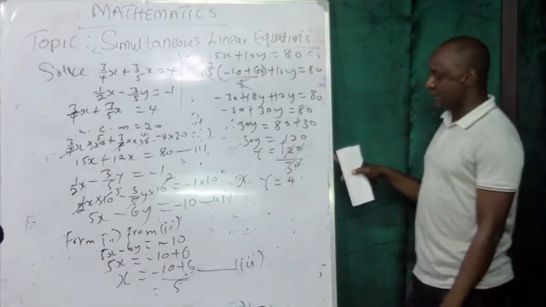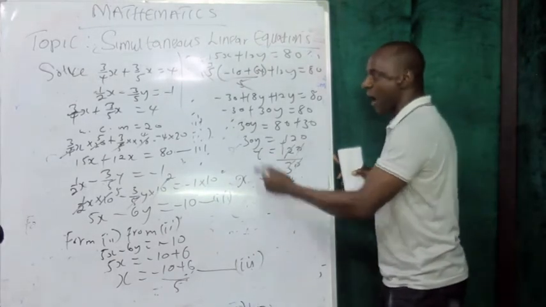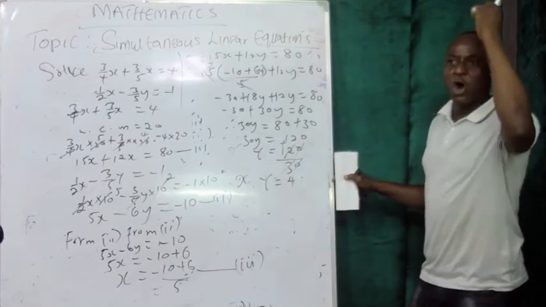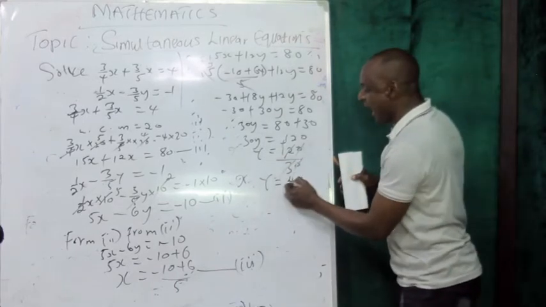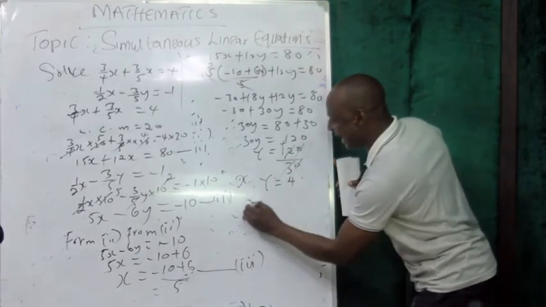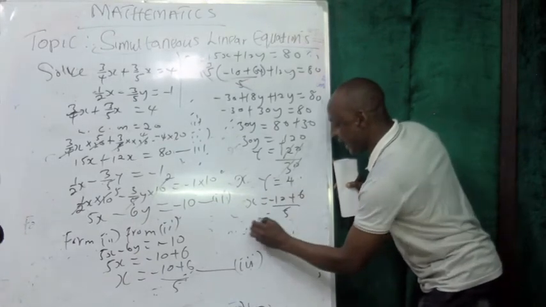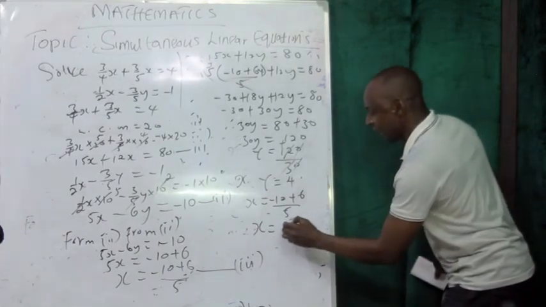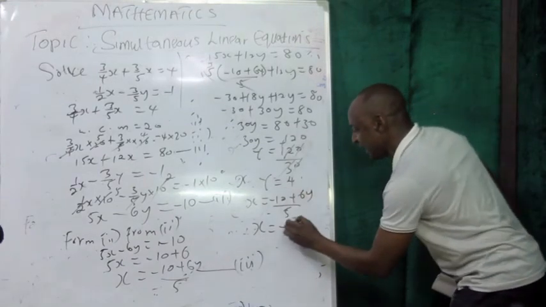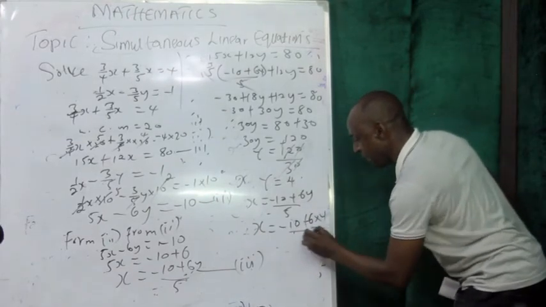And to obtain the value of x, I can substitute my value of y into any of the equations, either equation 1, 2 or 3. So if I substitute y into equation 3, I have x equals negative 10 plus 6y upon 5. Then x equals negative 10 plus 6 times 4 upon 5.